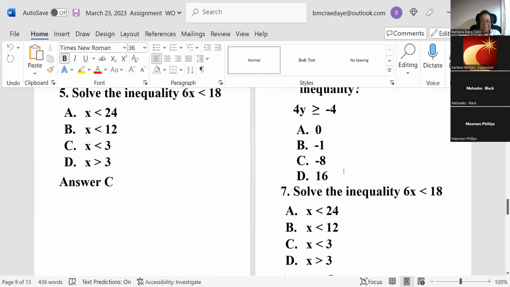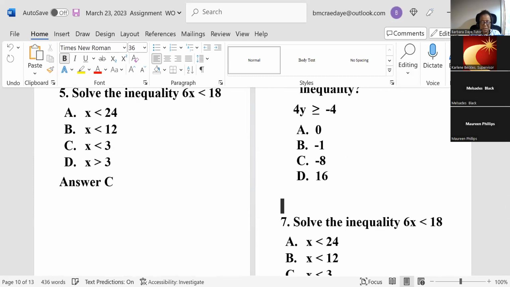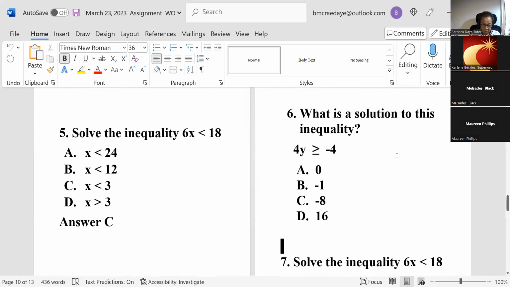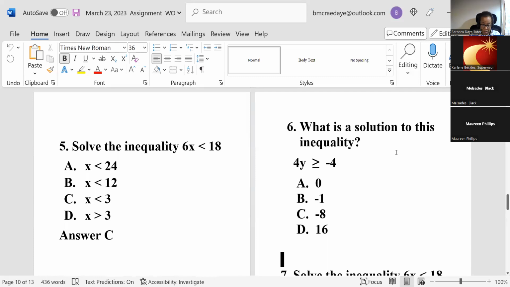Now let's look at 6. Maureen, what's the answer for 6? I put A, because 4y is greater than or equal to -4.